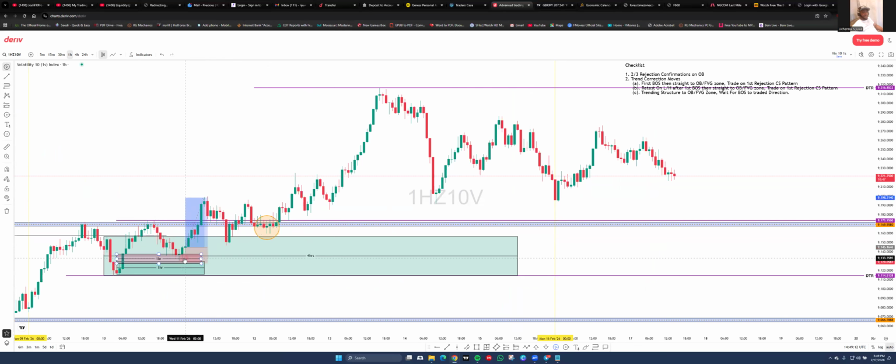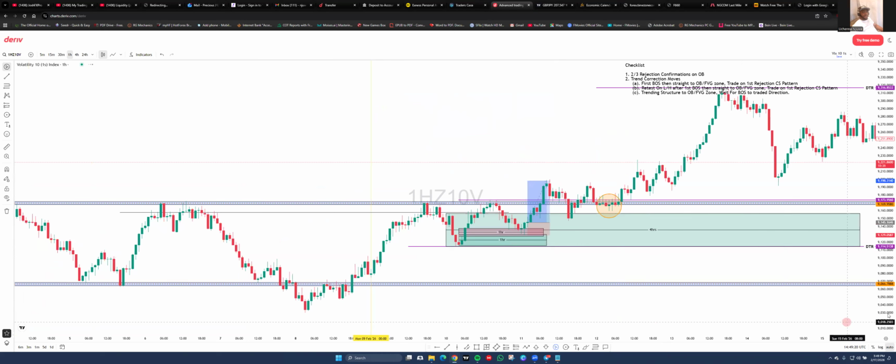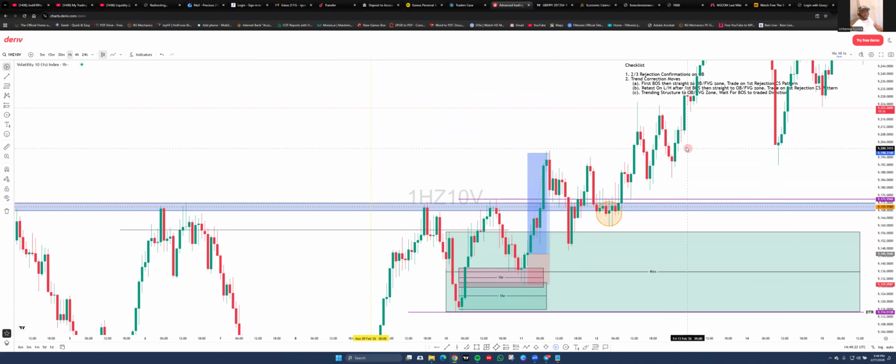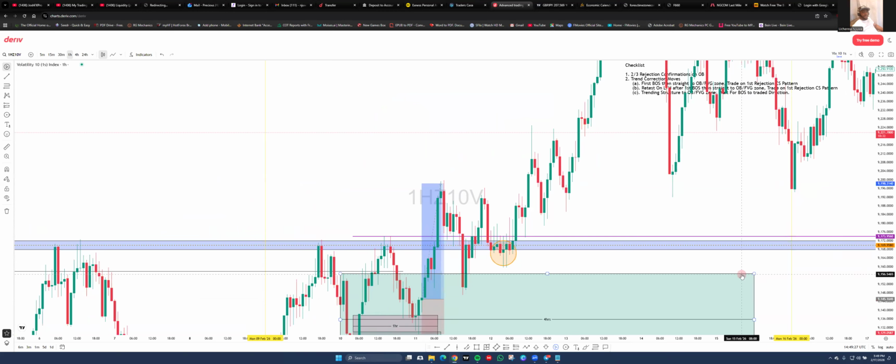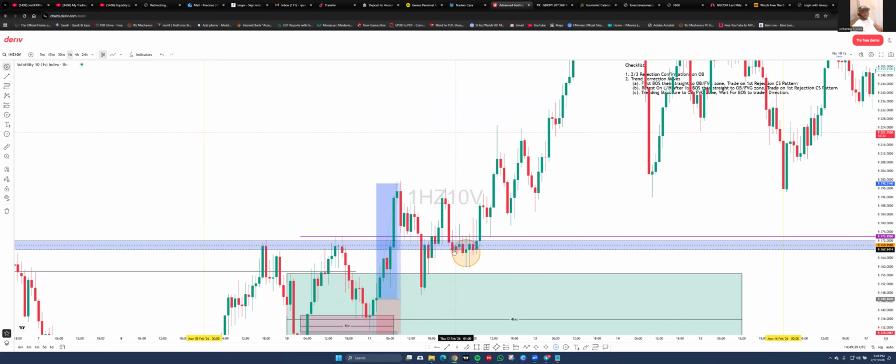This is the first rejection here, second rejection here in the same 4 hours order block. The third rejection is this one we have here. And if you look closely, the third rejection did this. It gave you a candlestick pattern of a head and shoulders, a shoulder, a head, and a shoulder.